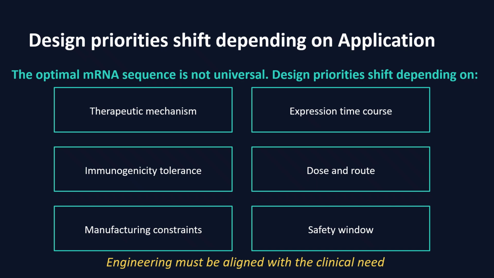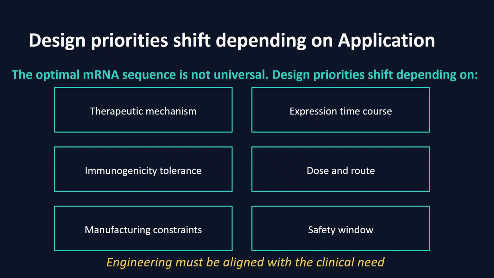And it's not just mechanism, expression kinetics also matter, right? Some therapies want a big spike and then rapid clearance. Others need moderate but sustained production over days or weeks. So then again, we have this immunogenicity. For vaccines, immune activation is the goal, but for protein replacement, not so much.